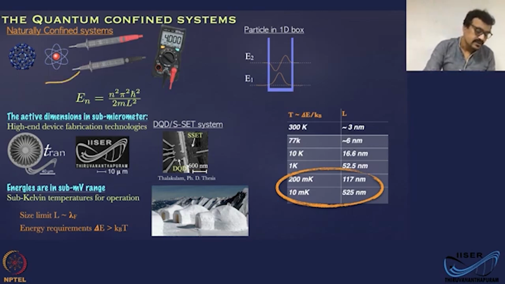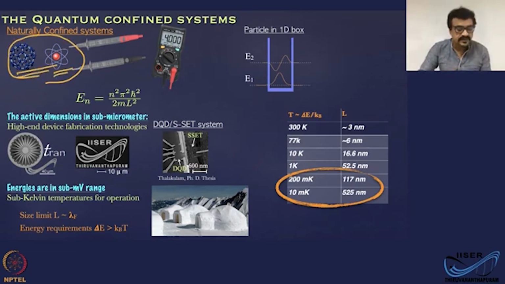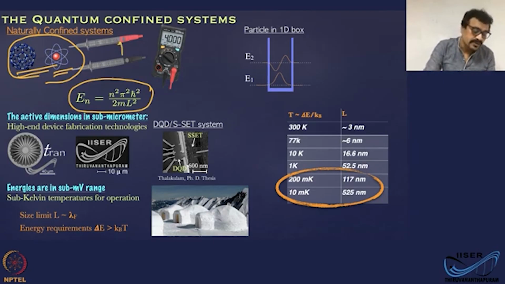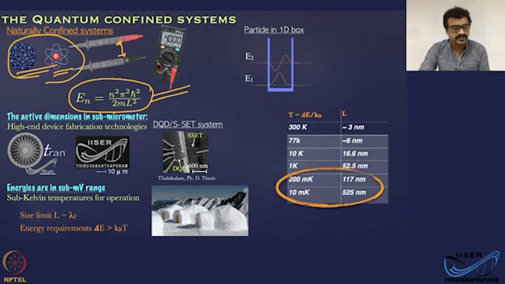There are naturally confined systems such as a cluster or an atom with discrete energy states. There are a lot of interesting systems. But those you cannot measure the transport using current or voltage probes. Or you cannot measure the resistance of those systems with a multimeter.